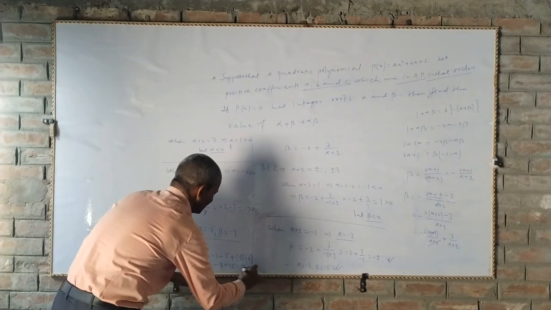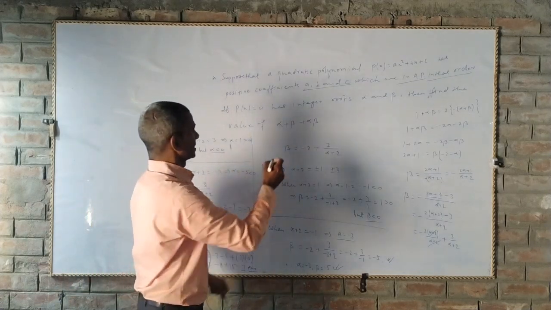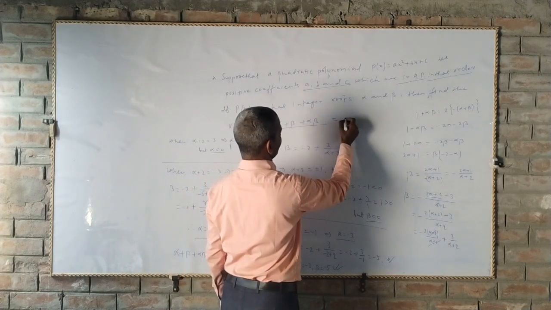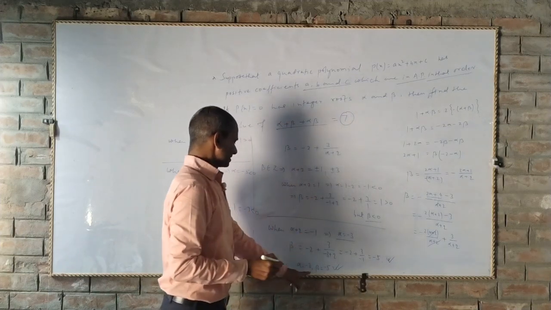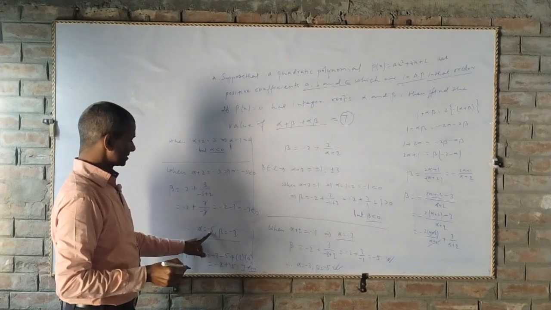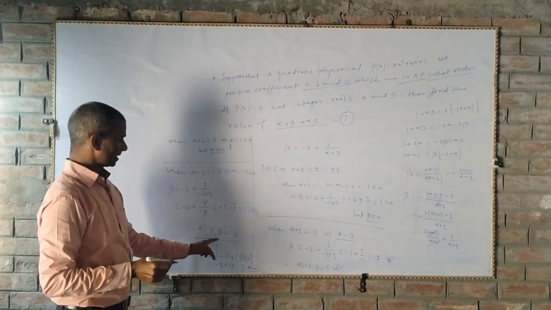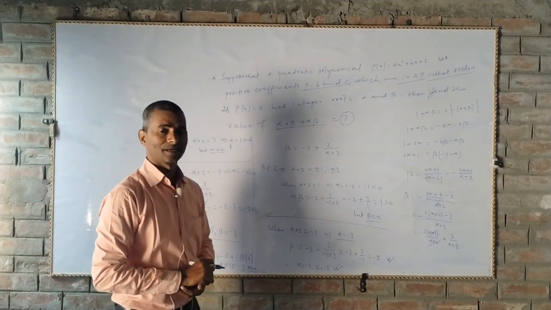So this is the answer. So this expression का जो वैल्यू होगा वो +7 होगा. इस केस में भी वही वैल्यू आएगा और इस केस में भी वही आएगा, केवल ये वैल्यू इंटरचेंज करके मिला हुआ है.